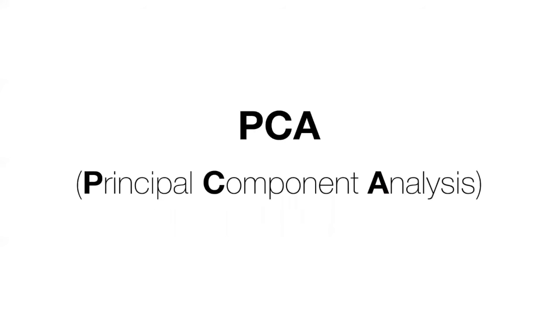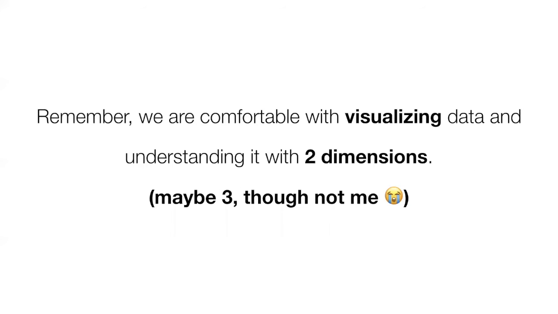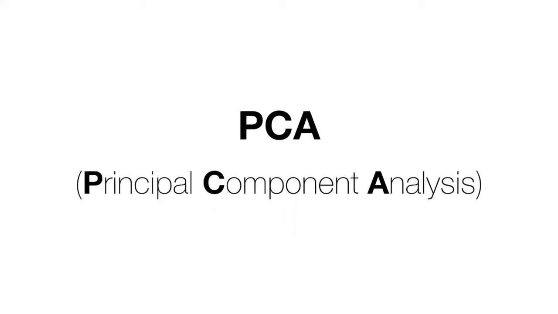So when you have 17 or 50 variables, it's very critical to compact them and come up with a few essential variables, so you can visualize and understand the pattern. That's what PCA is really about.